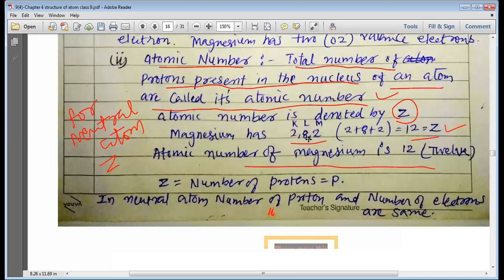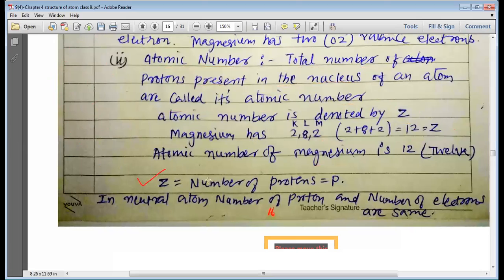For magnesium, the atomic number is 12. In the same way, for sodium, the electronic configuration is 2, 8, 1, so the atomic number is 2 plus 8, 10, plus 1, 11. For oxygen, the electronic configuration is 2, 6, so the atomic number would be 2 plus 6, that is 8. So this is how, my dear students, we calculate the atomic number.